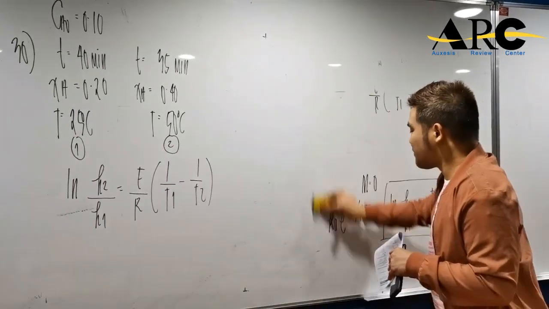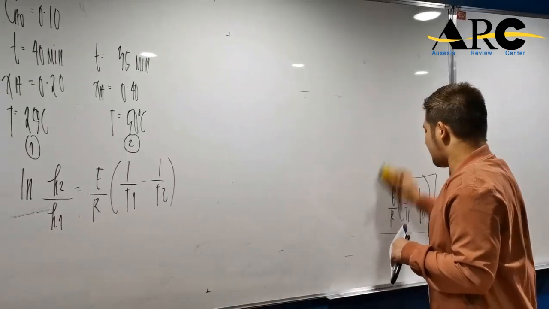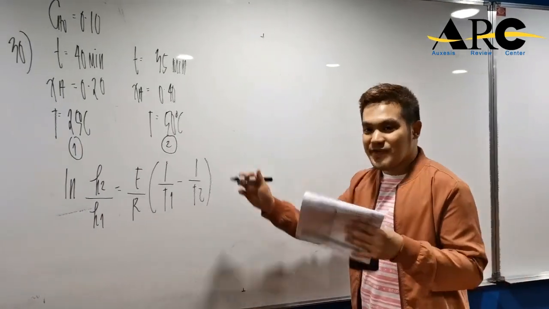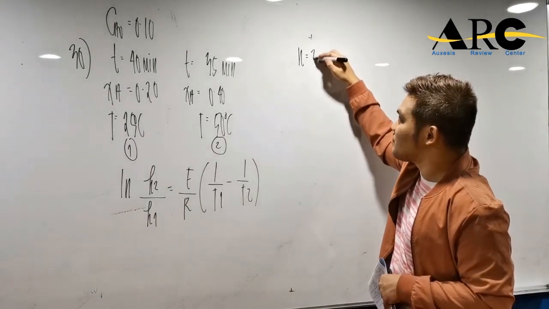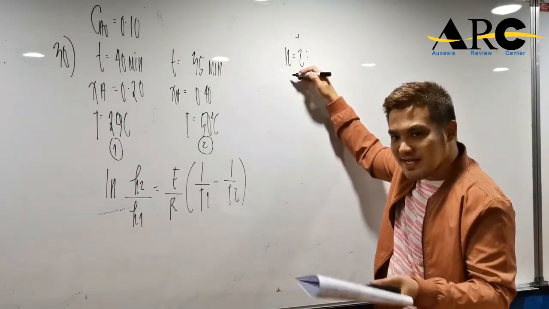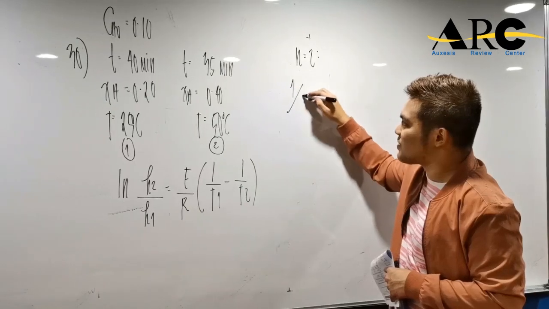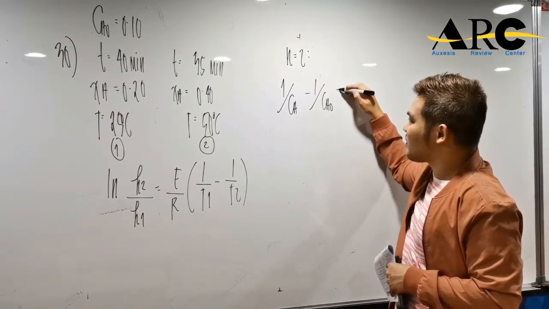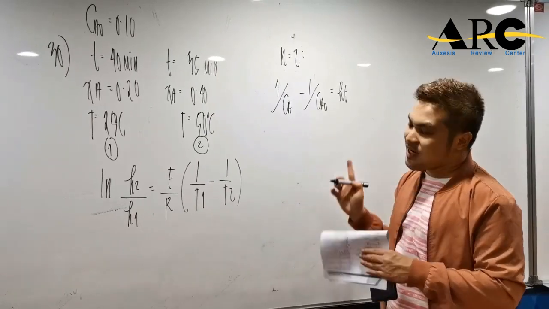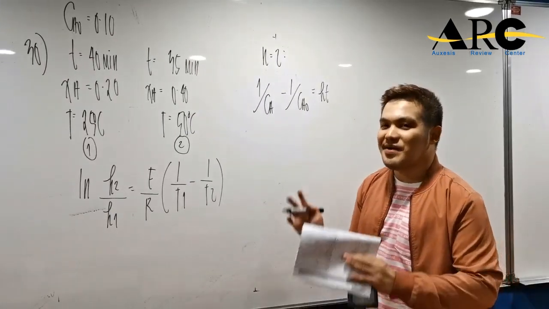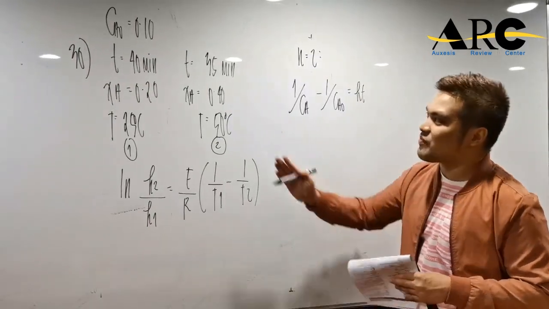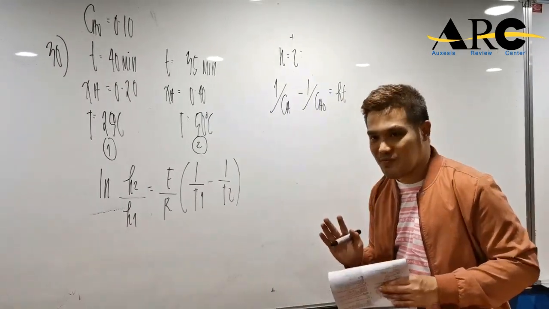So alam naman natin yung formula for second order. So recall lang natin, for second order reaction, ano ba ang formula? Naalala nyo ba? So 1 over CA minus 1 over CA0 equals Kt. So ginagamit natin to kapag relationship ng time sa concentration. Ito, relationship ng time sa conversion.